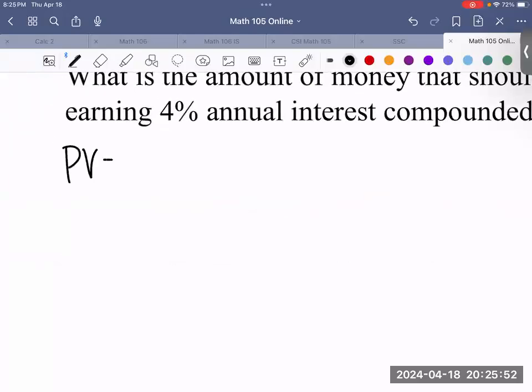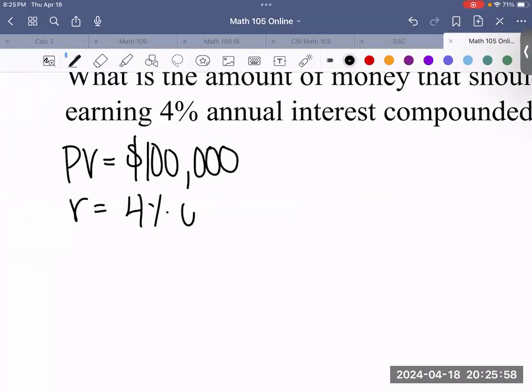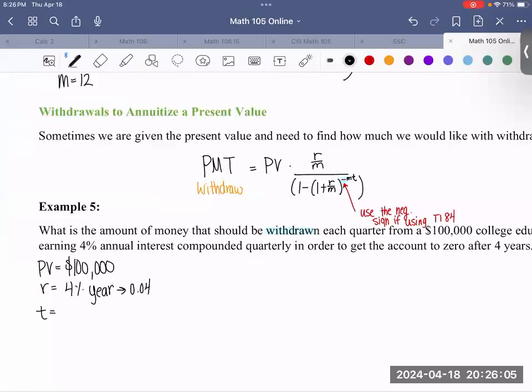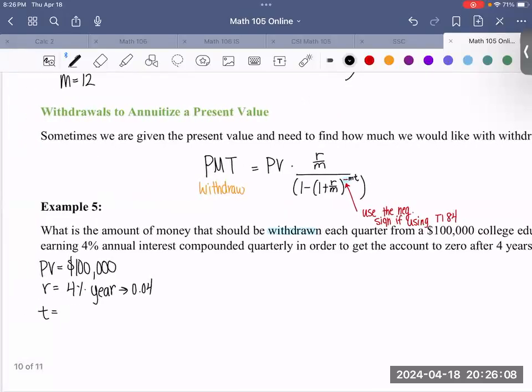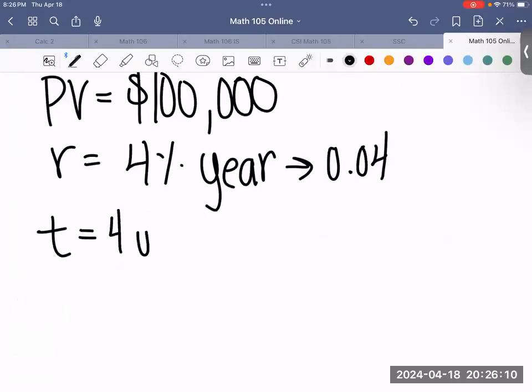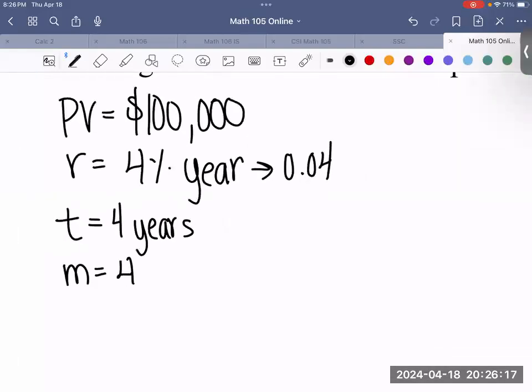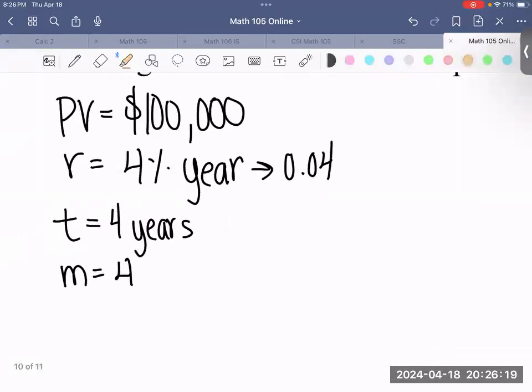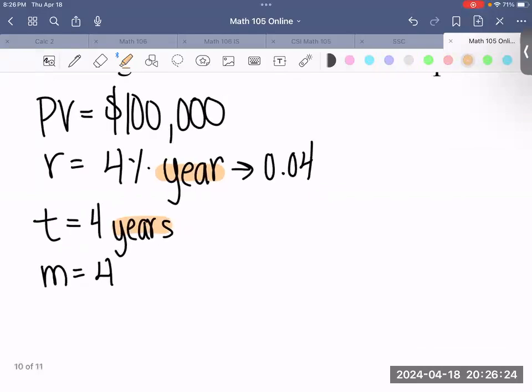So your present value is 100,000. Your rate is 4% a year. Your time, we said, was over the course of 4 years. And I think we're doing quarterly. Yes. And making sure that these match.